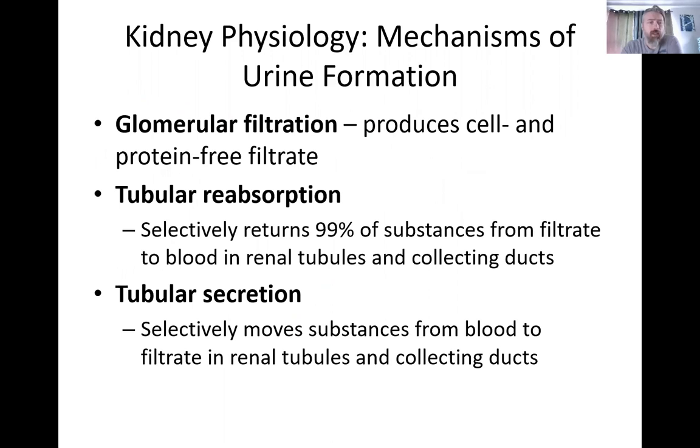So these processes begin with filtration. This is happening, of course, in the glomerulus and in the Bowman's capsule, where we're literally just forcing blood through some small holes. Because those holes are small, things like cells and proteins tend not to fit through, so those things remain in the blood.